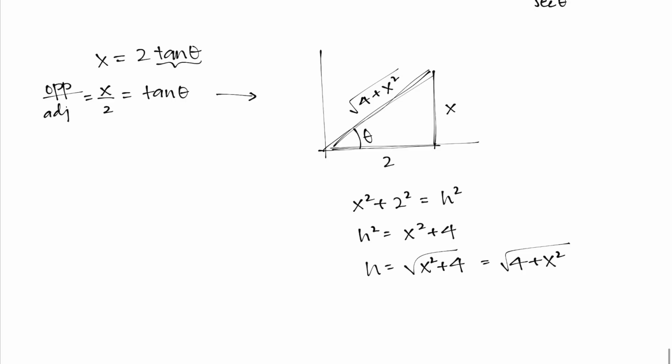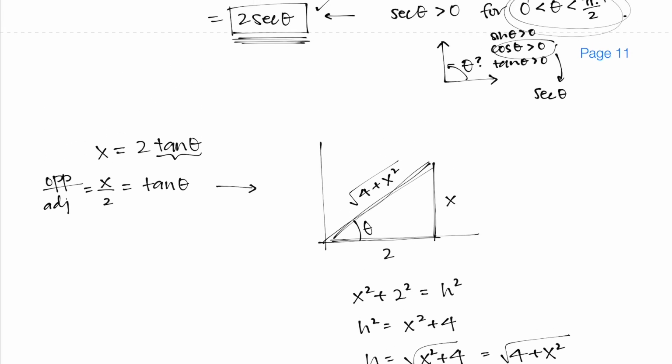And we're trying to see if 2 times the secant theta is actually equal to the square root of 4 plus x squared. Now, we used algebra and a whole bunch of trig substitution to get it to equal 2 times the secant of theta. But using the triangle, we can also say that the secant of theta is equal to 1 over the cosine of theta.